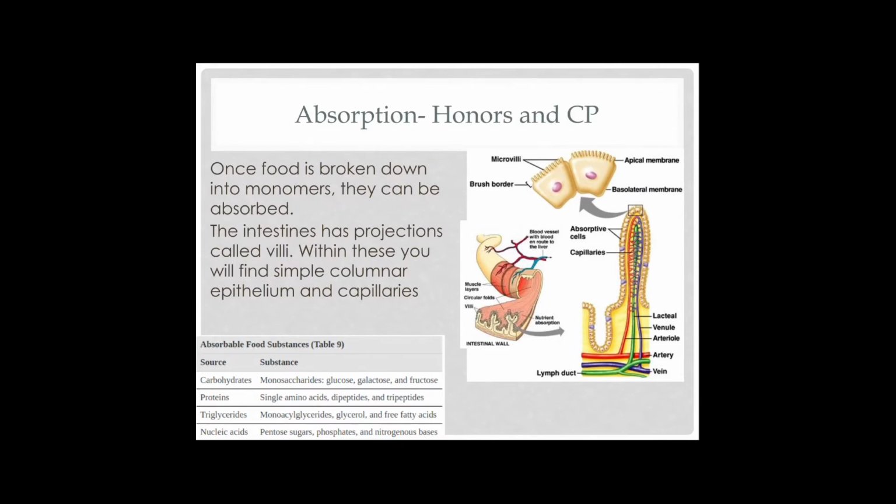It's a very similar process to the respiratory system where oxygen is absorbed. Instead of oxygen, now we're absorbing these nutrients like glucose, amino acids, fatty acids, etc. And these are going to go into your bloodstream and then spread throughout your body for you to utilize.